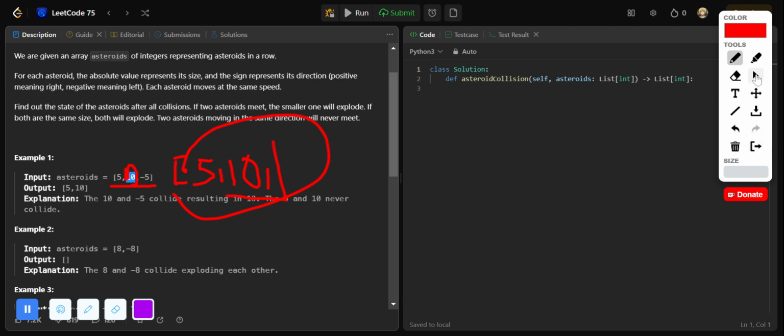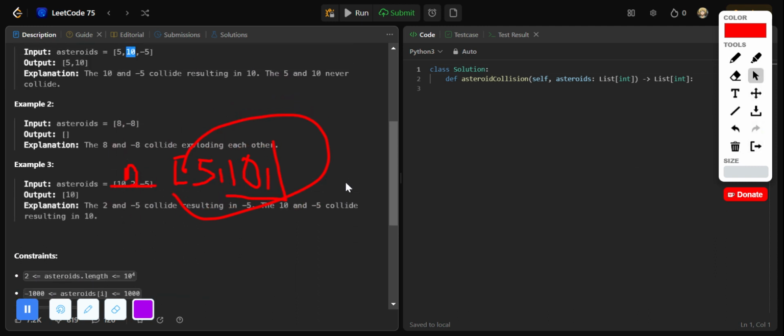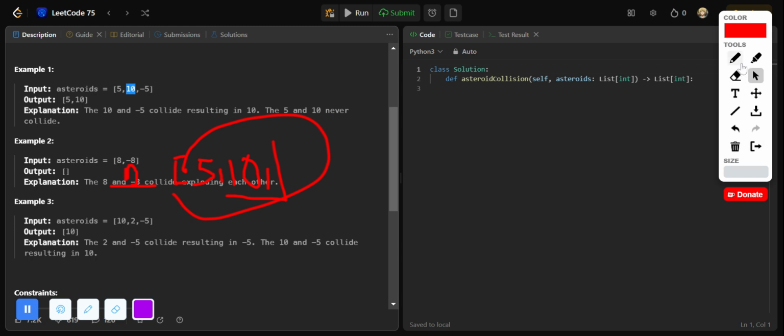But let's take another example. Let's take the last one. We're going to have 10 first. 10 never collides with 2, because they are moving in the same direction. But negative 5 collides with 2, because 2 is moving to the right one step per time, and negative 5 is moving one step per time to the left, so they meet.